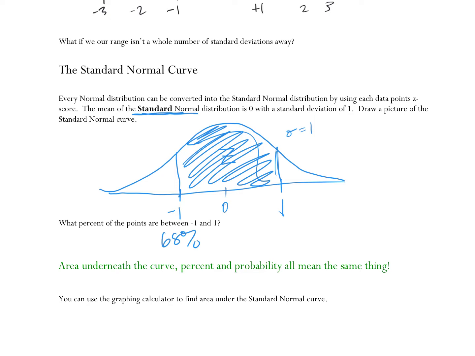All right. Now, when we do the stuff we're about to do in our calculator, what we're going to find is the area in between different values on this curve, and that area is equivalent to the percentage. So, at this point, take out your graphing calculators.